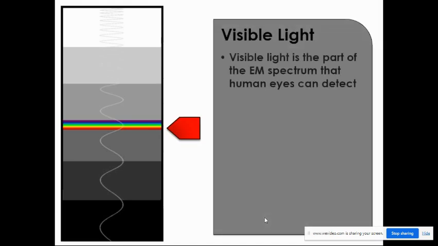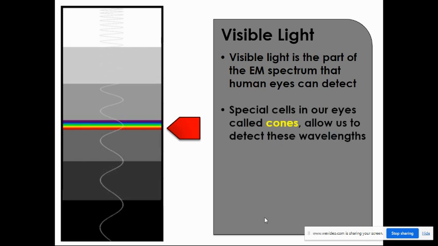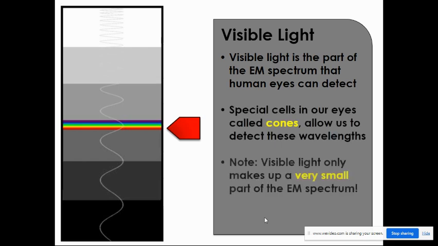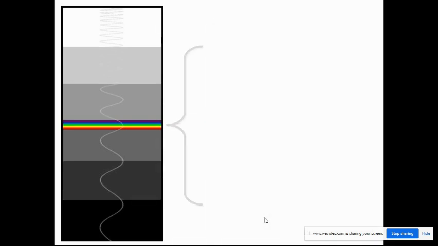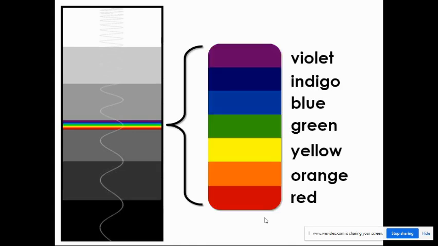That brings us to visible light. A very small part of the electromagnetic spectrum is visible light. The cones in your eyes, these little cells in the back of your eyes, are able to detect color. We can divide the visible light into the visible spectrum. And we use an acronym to remember the order of these.